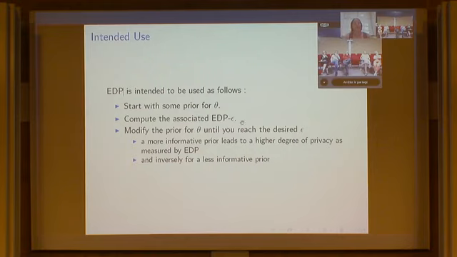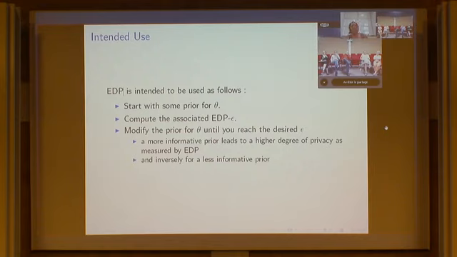So it's the same thing. You start with some prior for theta, and then you do the whole process that I just described, and you'll get an epsilon. And say you get epsilon of 5, and you think, oh, e to the 5 is pretty big, that's not good enough. Then you go back and you change your prior until you get an epsilon that you like.